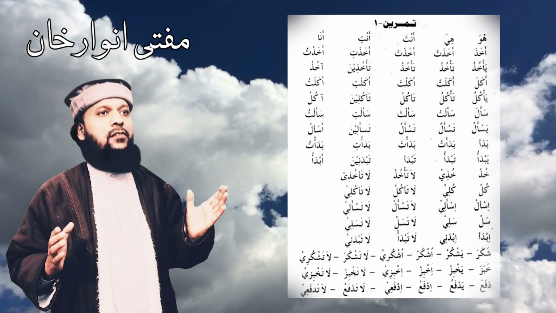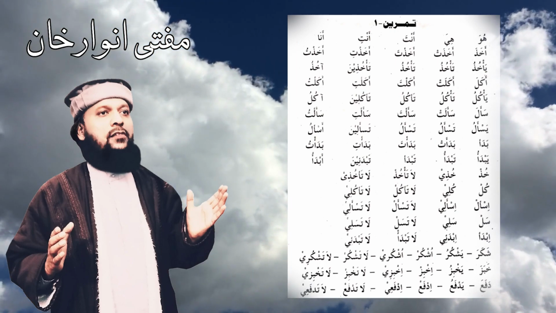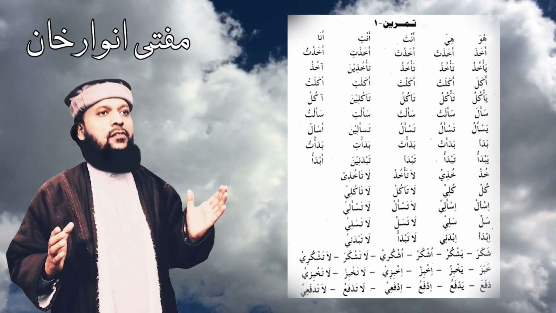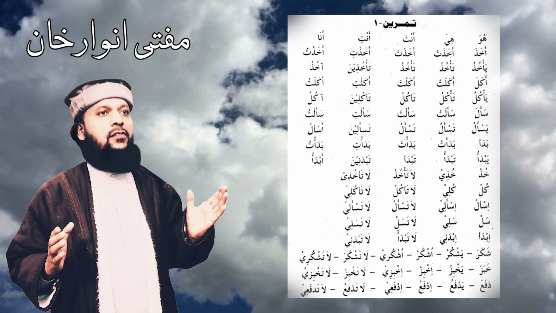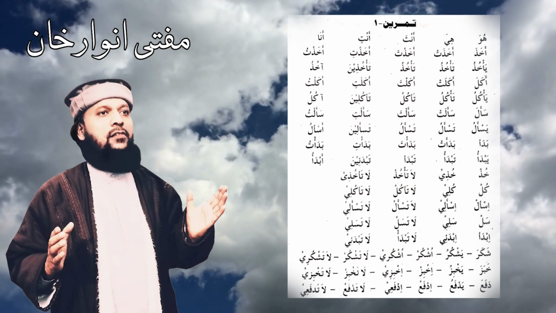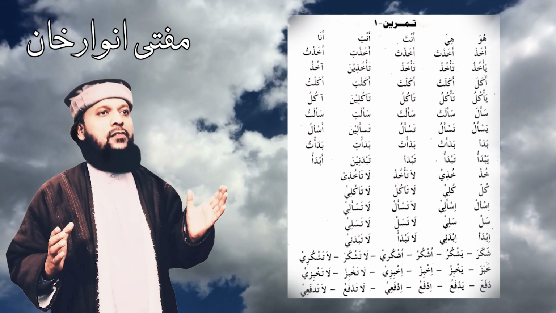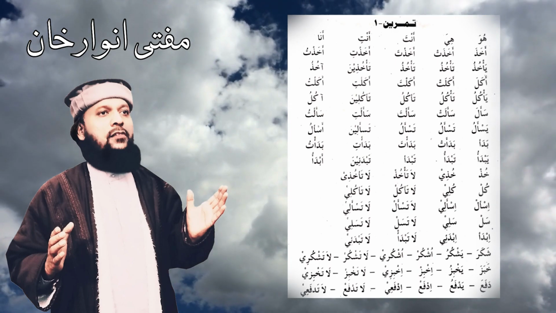So in both cases, in fi'l al-amr forms, there is a difference. In akhaza and akala, when it was mahmuzul fa, in case of imperative, the alif was dropped in fi'l al-amr. But in case of sala, when the verb is mahmuzul ayn, alif was not dropped from fi'l al-amr. This is very important. You have to note this difference.